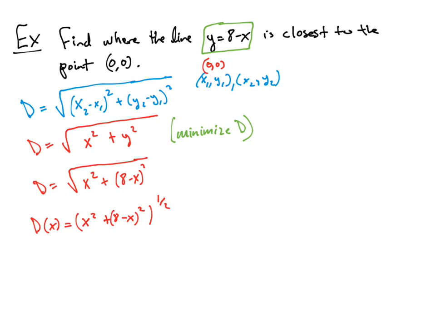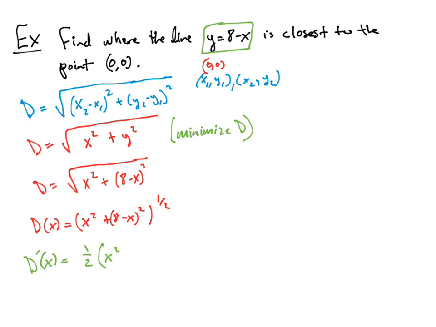So in order to minimize this, we're still going to take the first derivative, and then we'll verify that the critical points we have are in fact a local minimum value. Okay, so the derivative here, we're going to say d prime of x is equal to 1/2 x squared.